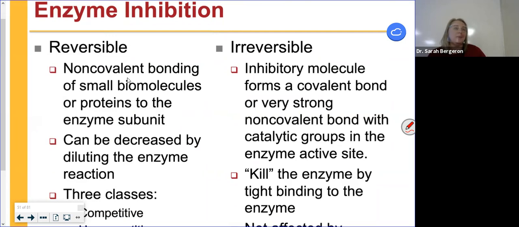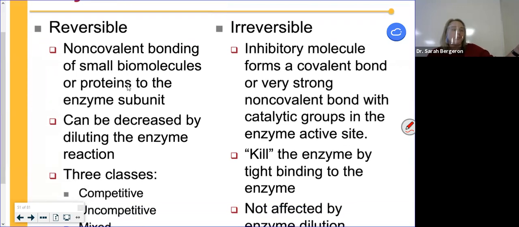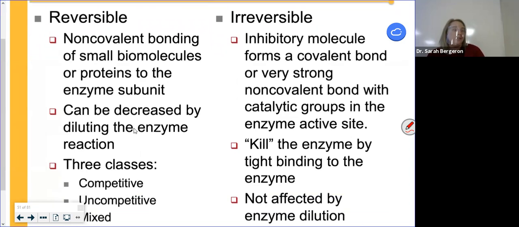Just like what I said, ATP associates with, I don't know, an enzyme in the citrate cycle and inhibits it, right? So you can change this inhibition just by changing the concentrations of the substances in your test tube, right? If I dilute the amount of ATP there, what happens? My reaction will pick up again, right?